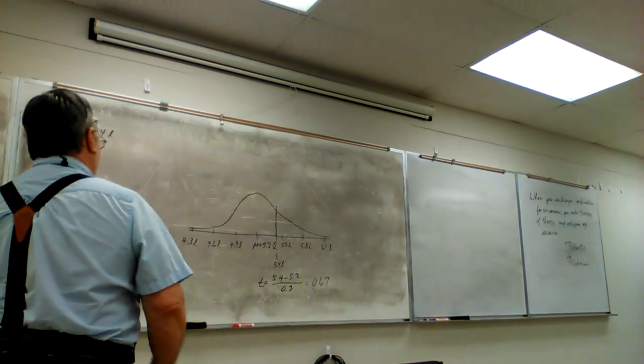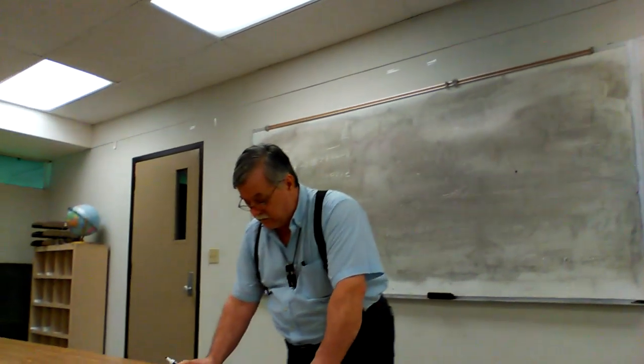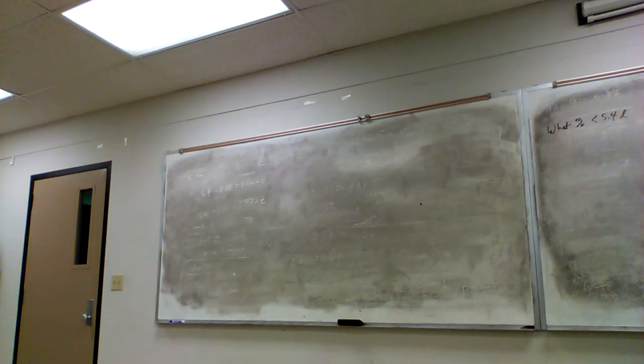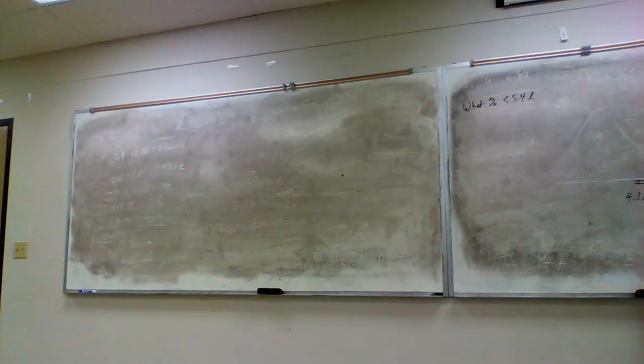Okay. Well, if Z equals 0.67, that's a positive 0.67. That means that someone with 5.4 liters of blood is 0.67 standard deviations above the mean.